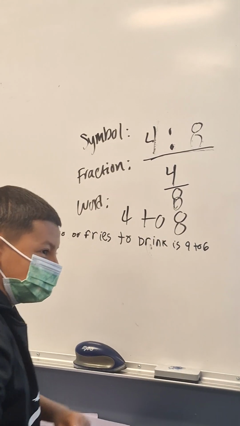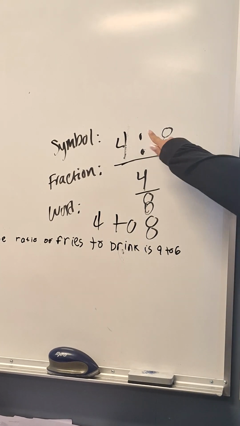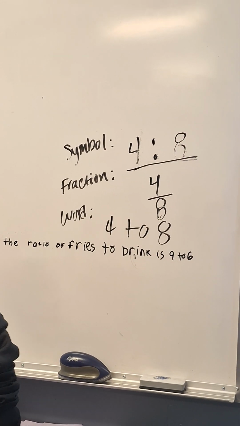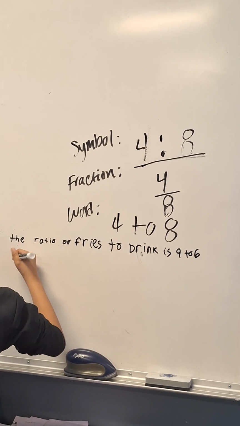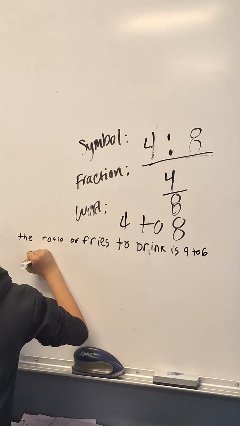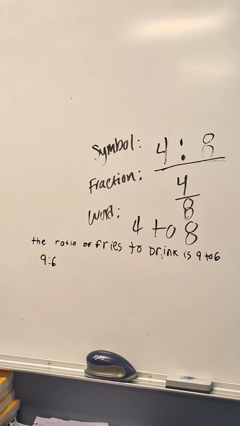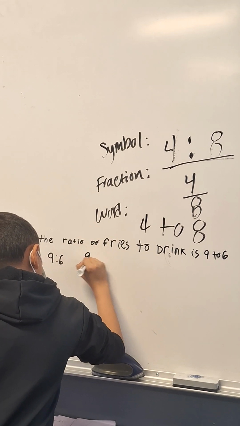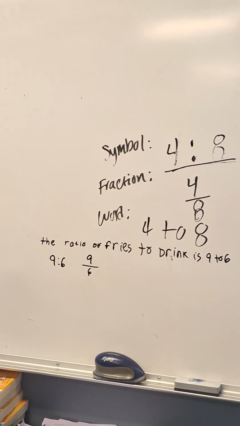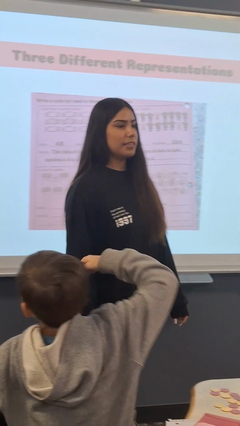Okay. Can you show us the symbol form, the column version of it? Okay, and then the fraction. Stay here for a second. Do you guys got the same answer? Yes. Okay.